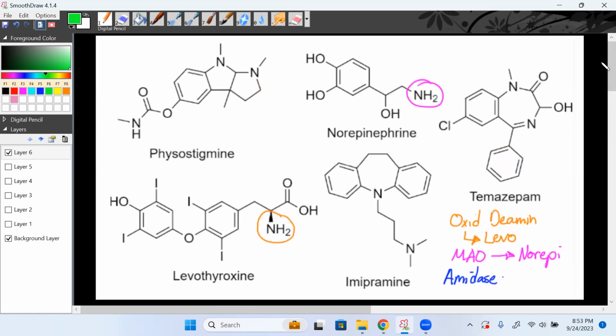So taking a look up here, I would agree with you. We do see an amide here. Technically, this is part of a functional group called a carbamate, but it is possible for physostigmine to be affected by amidase. Where else do we see an amide? Someone said it earlier.